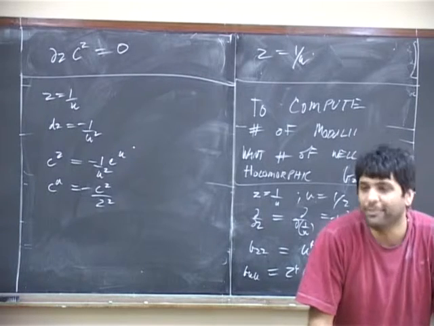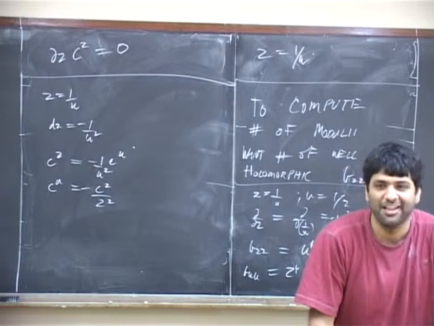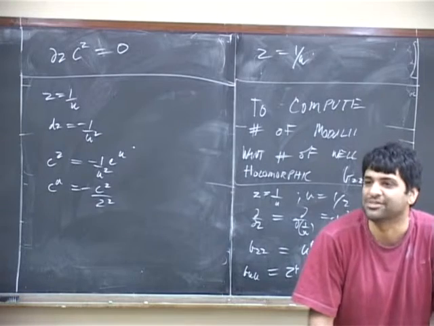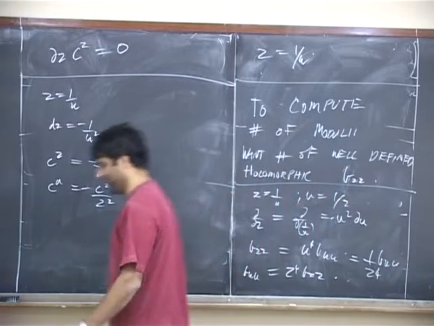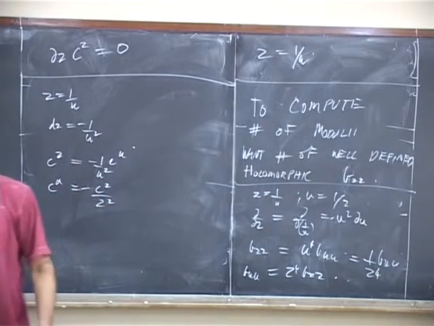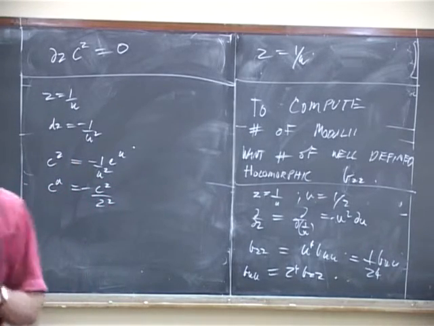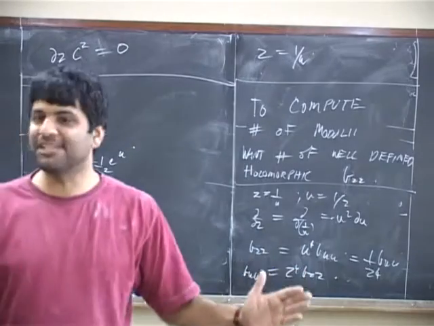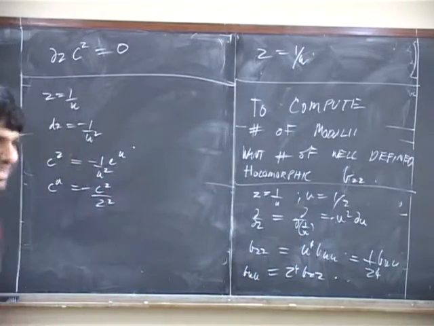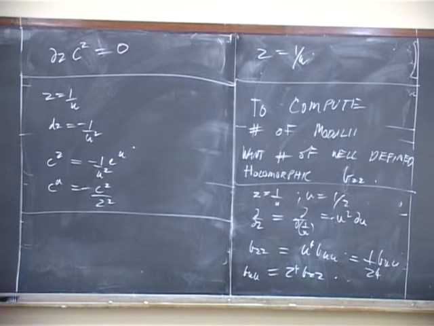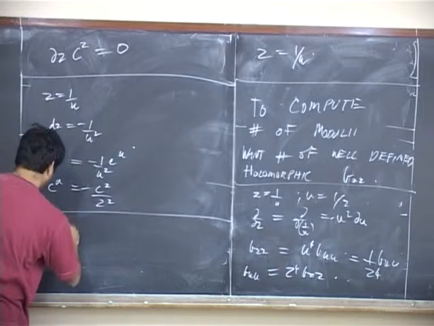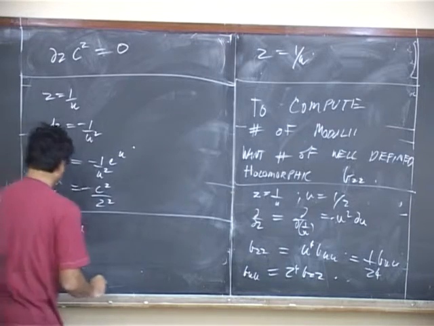How many analytic functions are there that grow no faster at infinity than z squared? Constant, z and z squared. Exactly. The only functions that are everywhere analytic and have polynomial growth are polynomials themselves. So the number of vector zero modes is very simple.